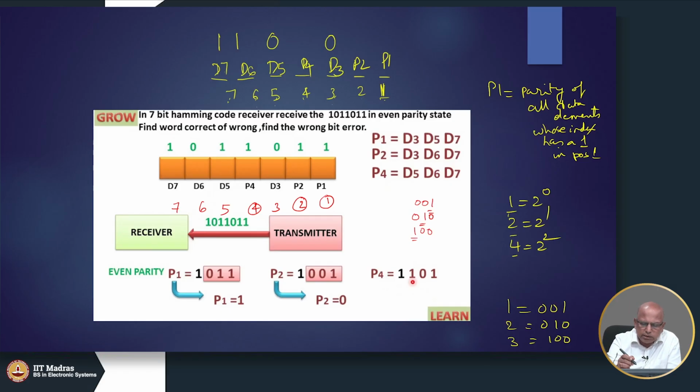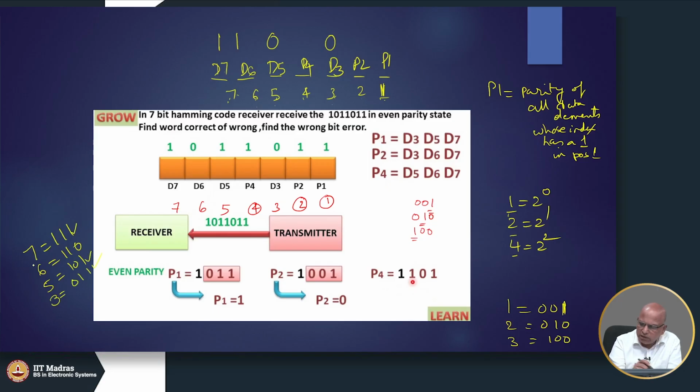If you look at all positions where there is a 1 here, 7 is 111, 6 is 110, 5 is 101 and 3 is 011. Wherever we have a 1, we take those.